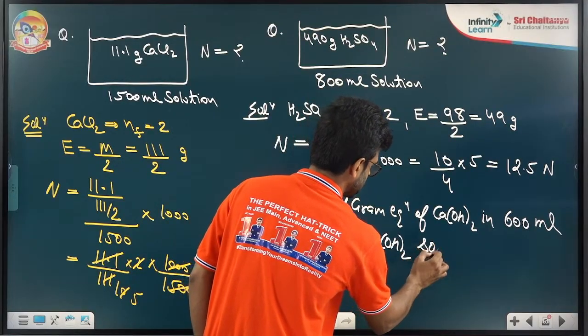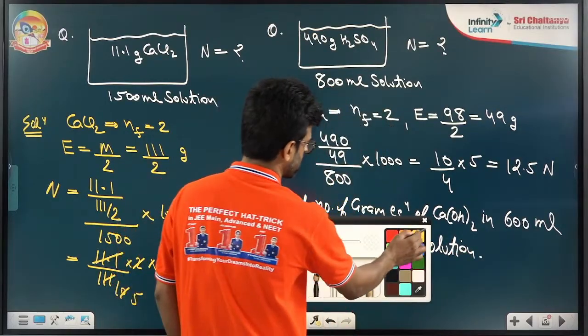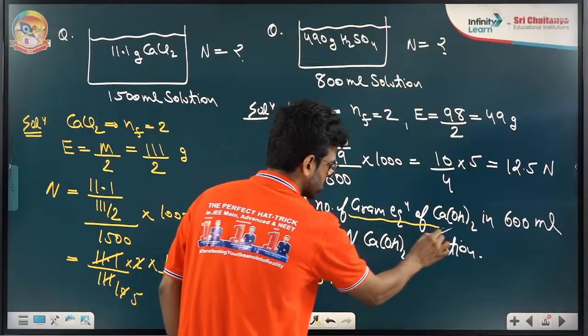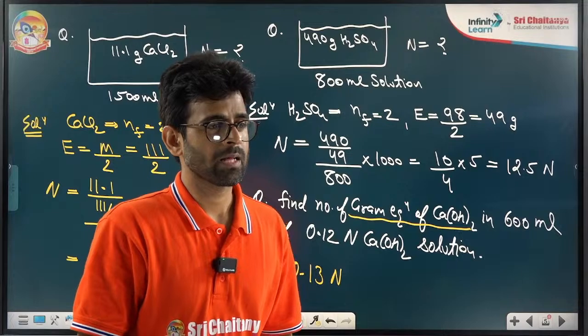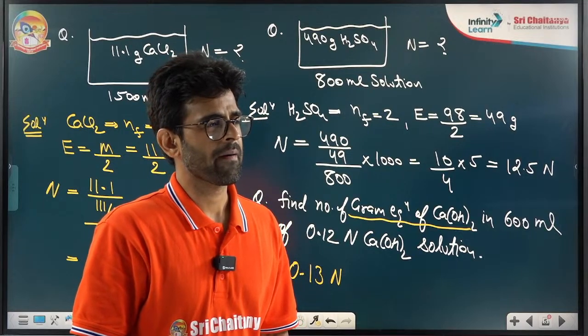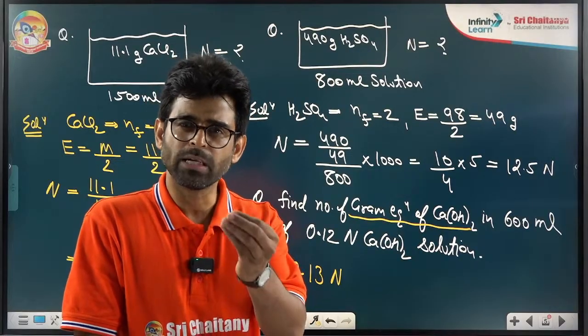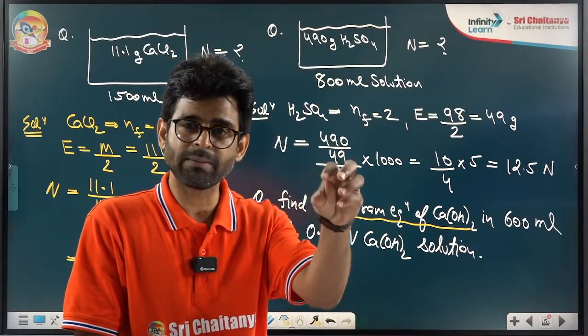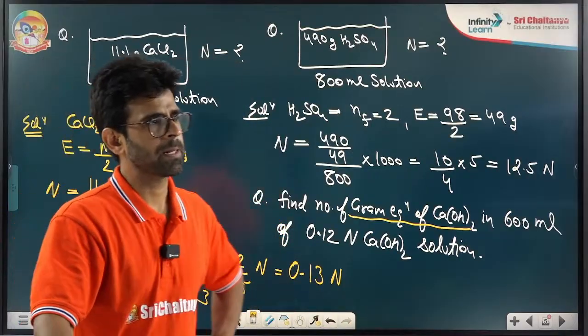See carefully, they gave the normality, they gave the volume. They're asking you the number of gram equivalents of solute, calcium hydroxide. Nothing else is required here. You know the formula: normality is equal to number of gram equivalents divided by volume. Just we have to multiply. Nothing else. Very simple.